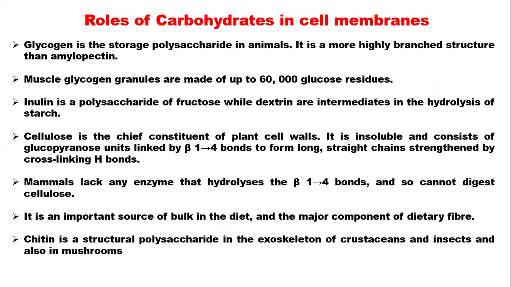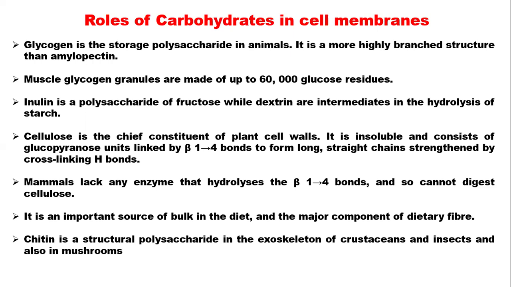It is composed of two components: a linear unbranched portion called amylose, and a branched portion called amylopectin. So glycogen is the storage form of polysaccharide in animals. The branching in glycogen is even more than that found in the amylopectin of starch. That is what this statement means.